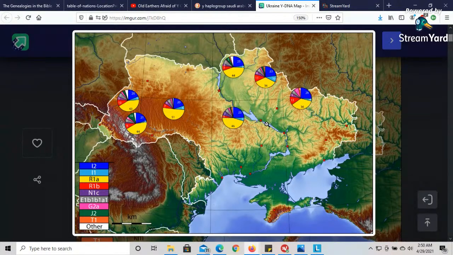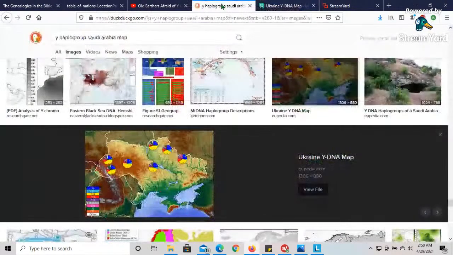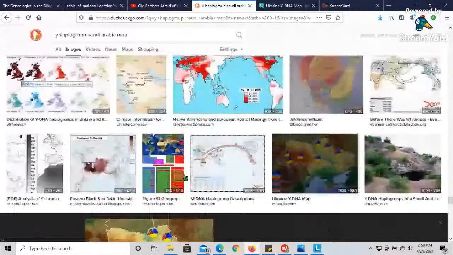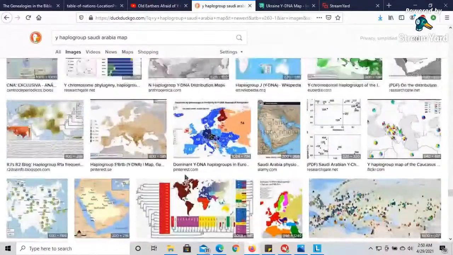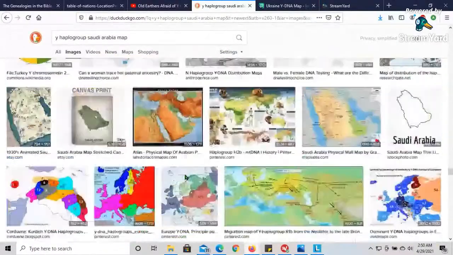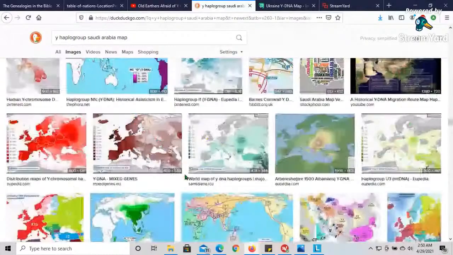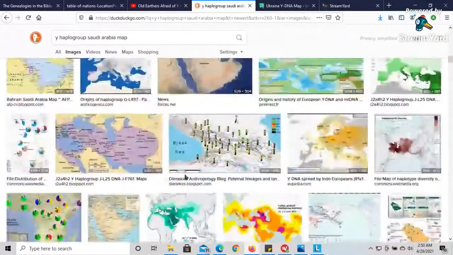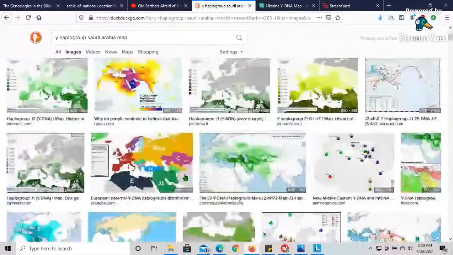So that's the Ukraine. And there's other maps that show the same thing. I just wanted to show that, basically. So if we go back over here, let me see. Don't mind me backing up a little bit. Okay.